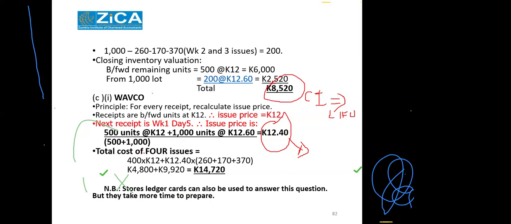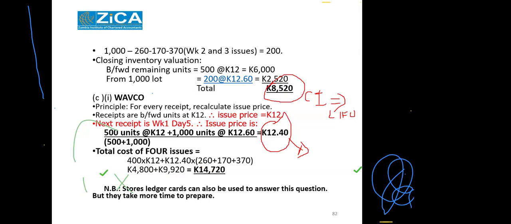Then the 400, which they issued, will be valued at 12. So the cost of the issues comes to 14,720, made up of the 400 issues valued at 4,800, and the 800 issues valued at 9,920.